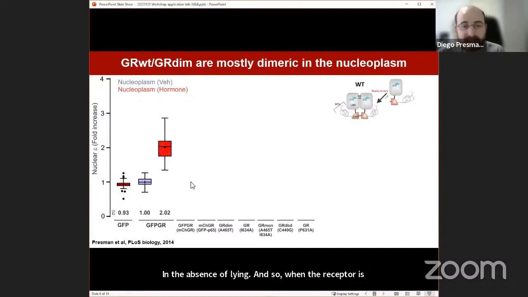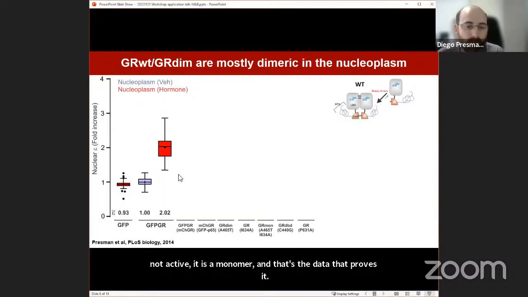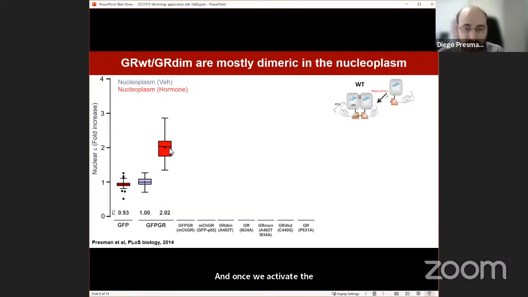And once we activate the receptor with hormone, we get an increase in brightness that goes from 1 to 2. That not only means that GR is a dimer inside the nucleus of living cells, it also means that most GR molecules must be in their dimeric form in order to give this value close to 2. And we can do a nice control experiment to test that.